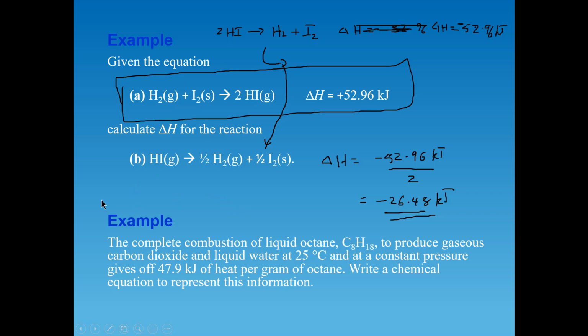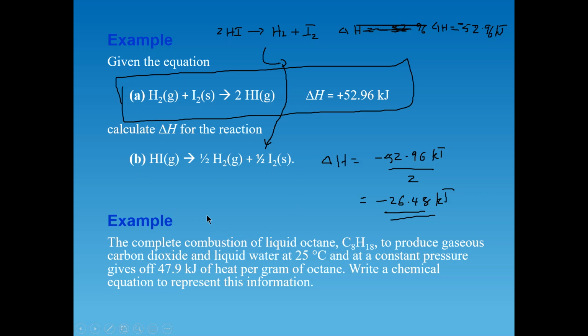One thing you'll notice is that the products of this reaction here would be the reactant of the reaction for which you're asked to find delta H. And the converse is true. The reactant of this equation here would be the products, right? So that's the first thing you'll notice. The second thing you'll notice is that all the coefficients for the first equation here, for all the different substances involved, are halved, all right?